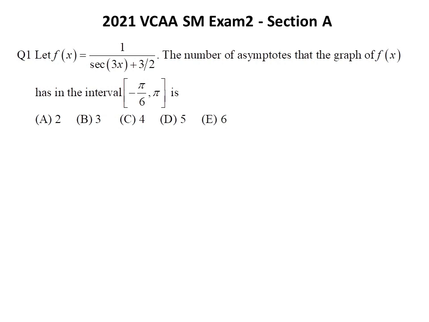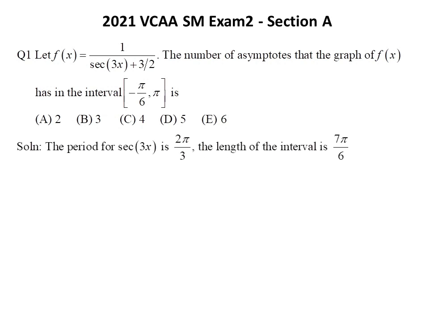As you can see, the question is to find the number of asymptotes of the graph of the function f of x, which equals the reciprocal of the sum of sec of 3x plus 3 over 2, over the closed interval from negative pi over 6 to pi. As we know, the period of sec of 3x is 2 pi over 3, and the length of the interval is 7 pi over 6.